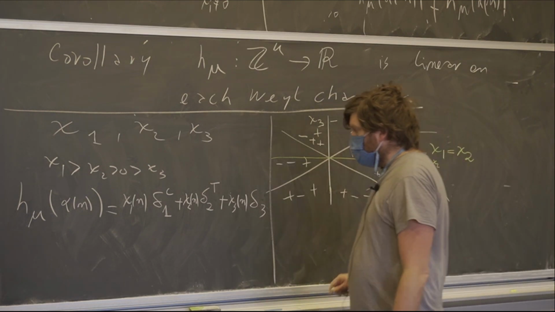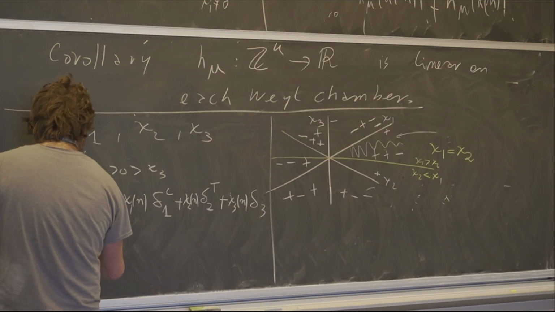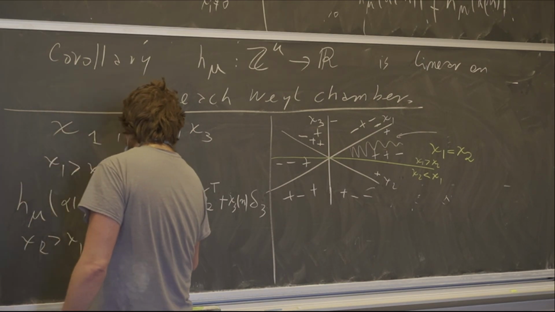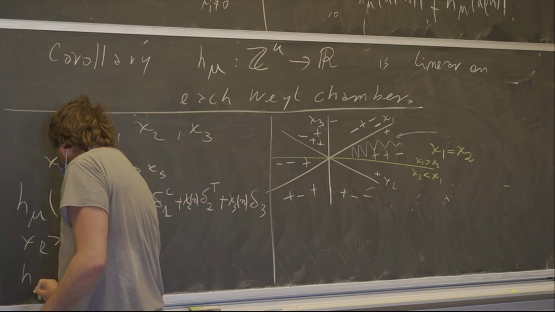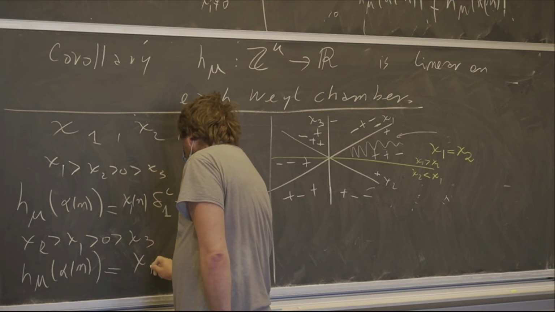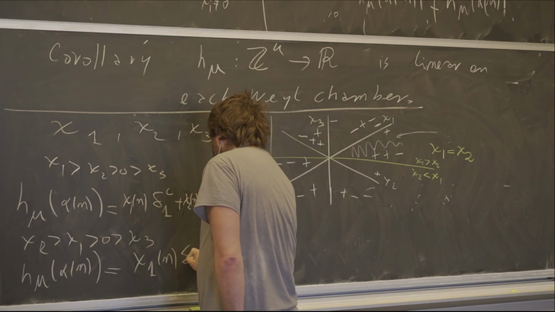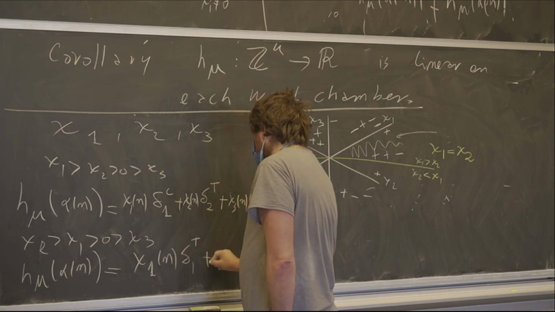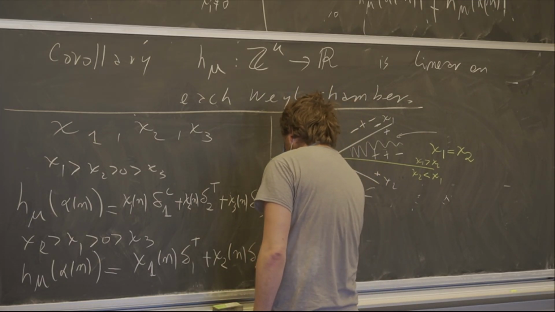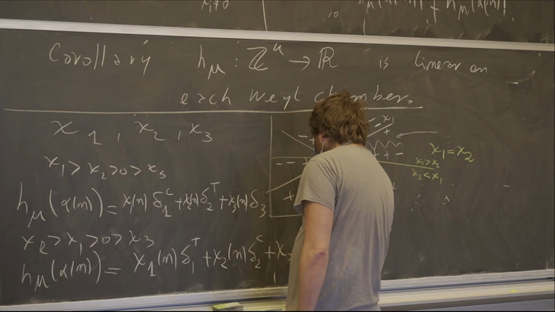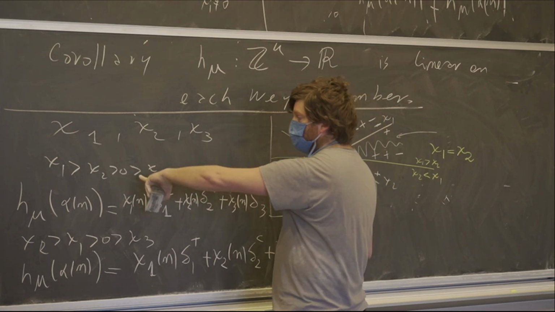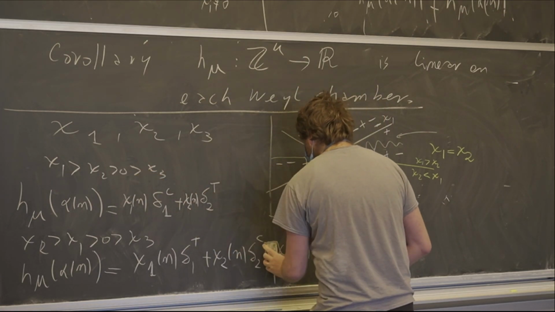Now, on the second region, chi1, chi2 larger than chi1, positive, larger than chi3, we get a similar formula, but now this one comes with a transversal, this one comes with a conditional, and the chi3, of course, is a nice one. And I should only add the positive ones.